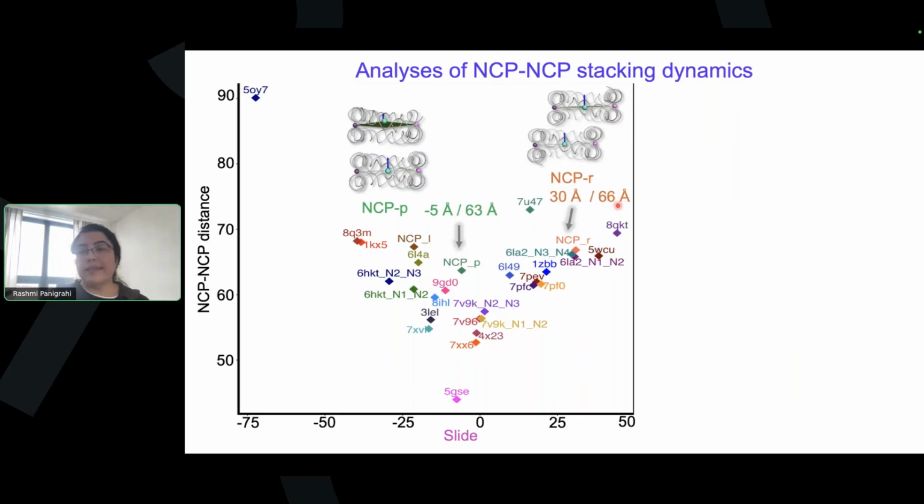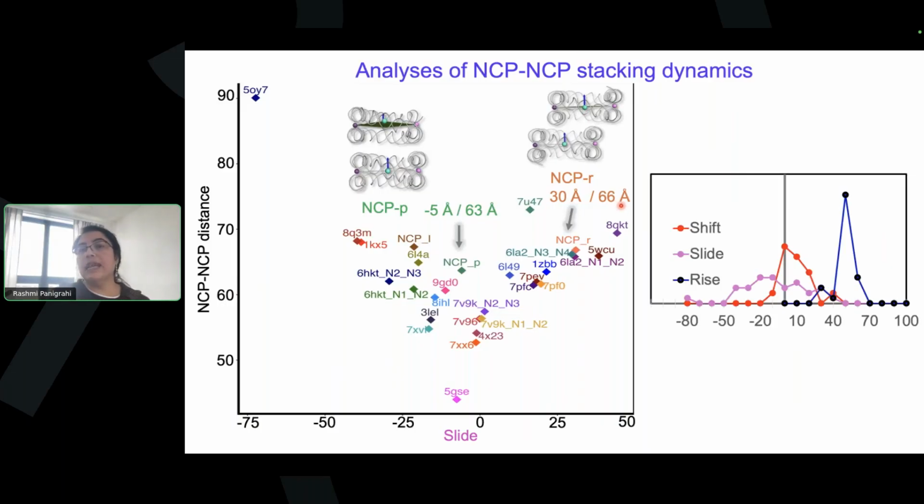Now, taken together, we'll just discuss these translational parameters, which are shift, slide, and rise. What we observed is that the slide value has a larger spread from negative to positive values. However, the shift and the rise values had a limited spread.